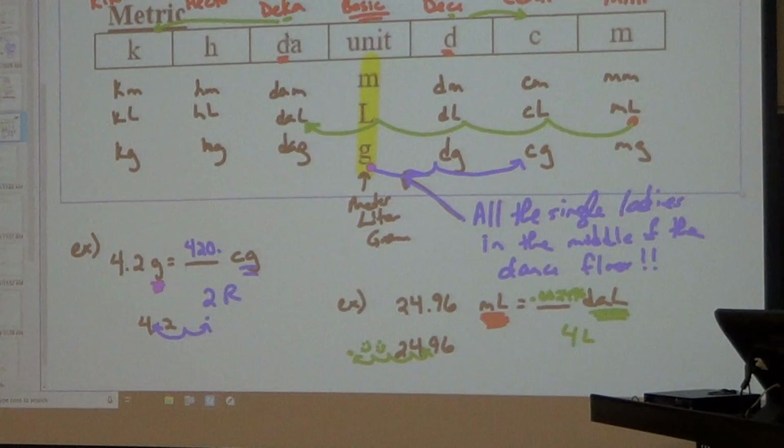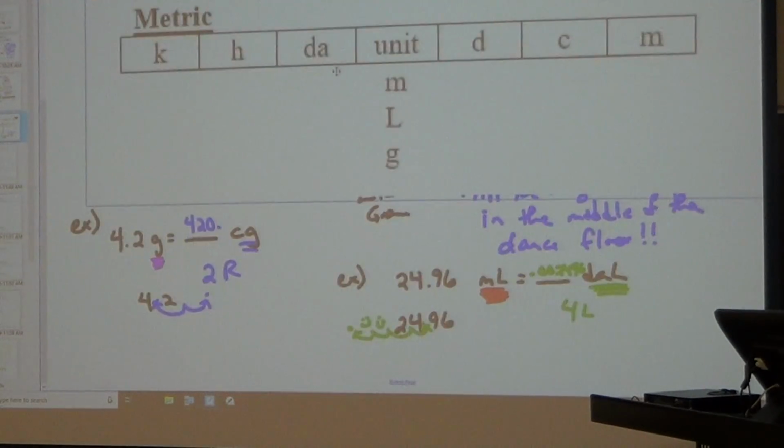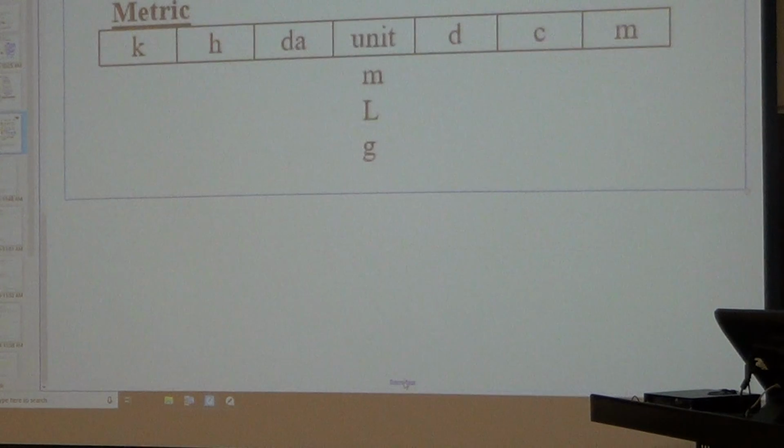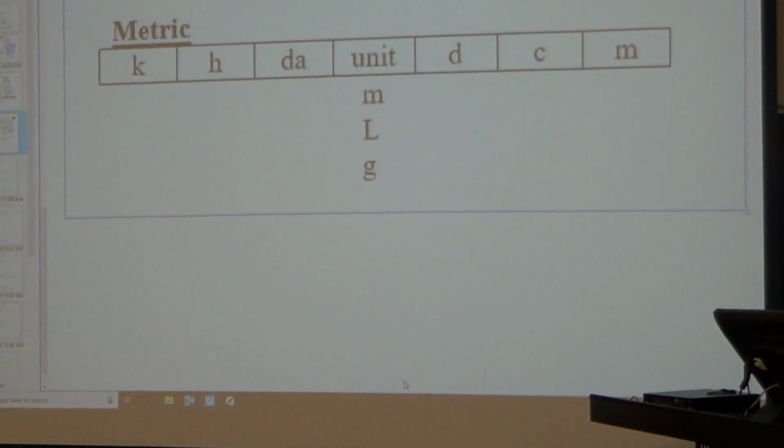Now, let me pull it down and just show you the chart, which is how you're going to be seeing it on the test, or on the homework or wherever. So if I have 7 meters equals how many millimeters? Which letter do I start with?